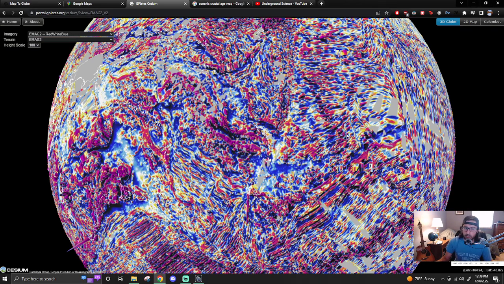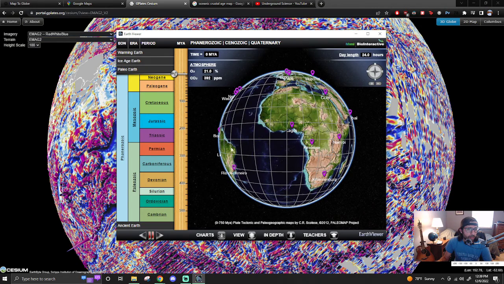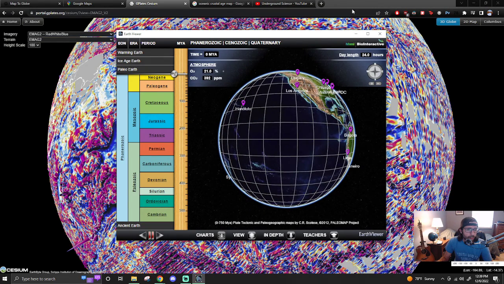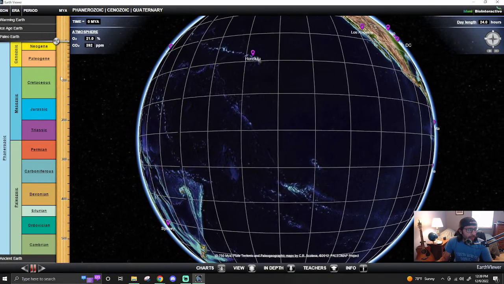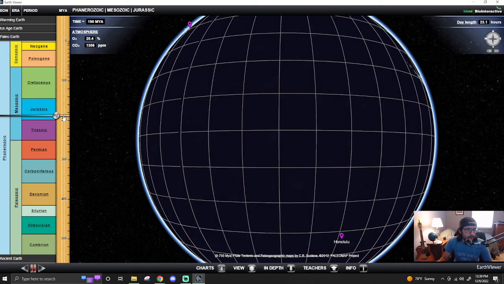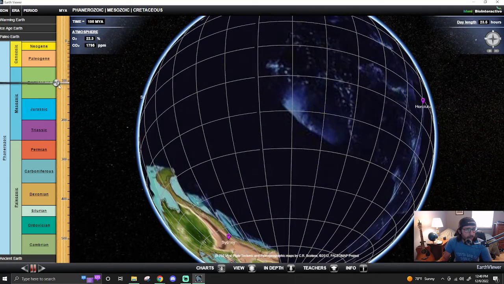Let's check out this ammonite in the Pacific. I think this is where I saw it. Okay. Here we go. We need to be pretty recent.